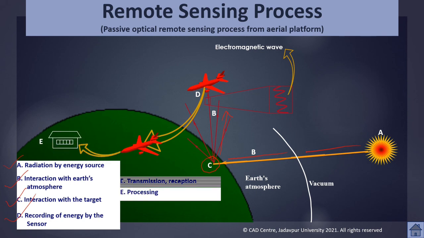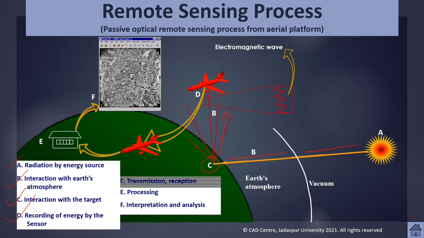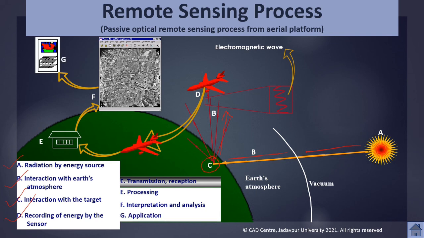So although transmission and reception is not required, processing is definitely required. Now after the processing we get the interpretable images, and these images are interpreted and analyzed based on different applications, and then the extracted information will be used in different applications. So this was the discussion of passive optical remote sensing process from satellite platform and also from the aerial platform.